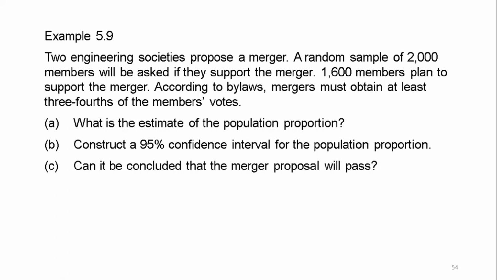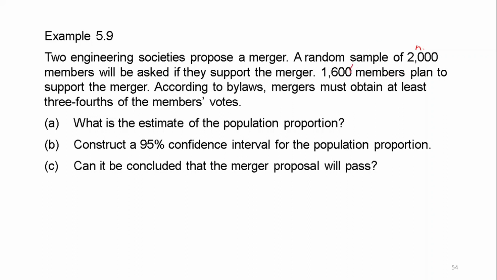Take a look at example 5.9. Two engineering societies propose a merger. A random sample of 2,000 members will be asked if they support the merger. So this is our N, and 1,600 members plan to support the merger.